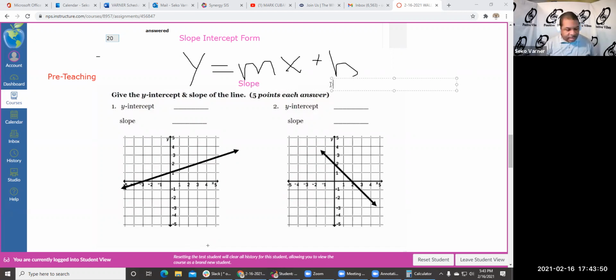And the b is your y-intercept. Intercept. Hopefully I spelled that right. So if you can keep that in mind, that b is your slope intercept. Yeah, I messed it up. B is your y-intercept, and m is your slope.